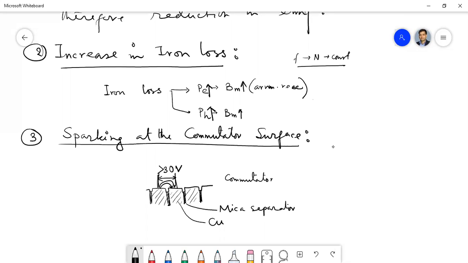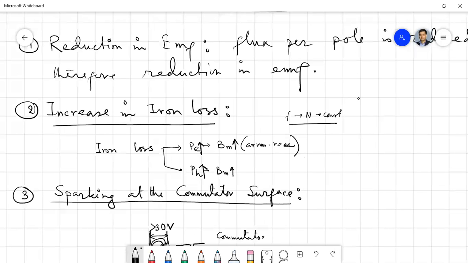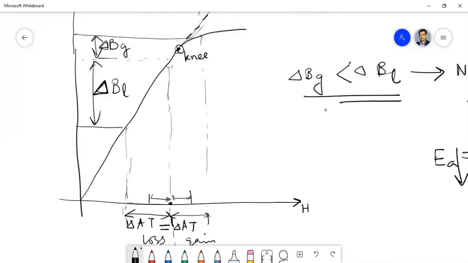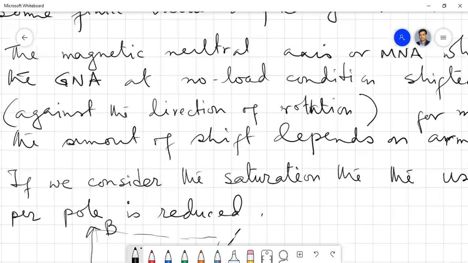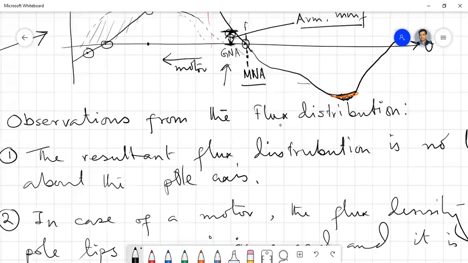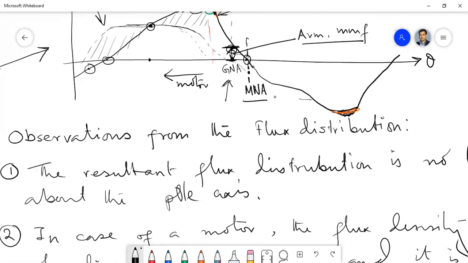Okay, and this possibility of voltage which is more than 30 volt comes due to the voltage at the commutation region. So if I go back to this, here actually I will place my brush over here, isn't it?